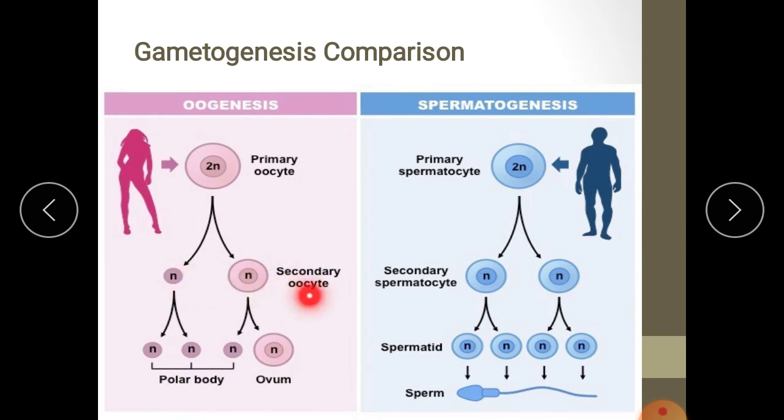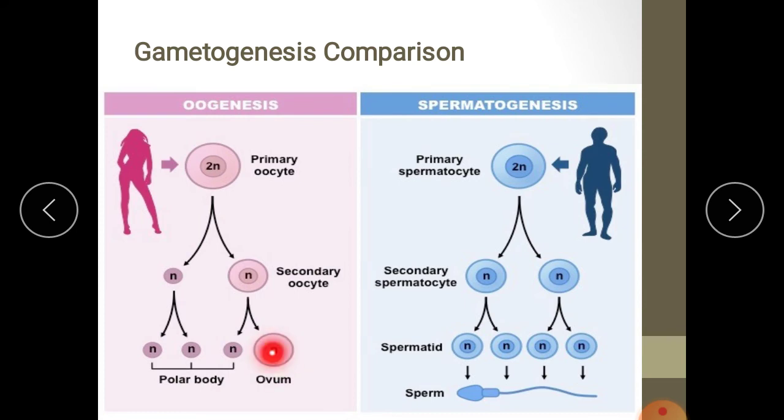The larger one is called the secondary oocyte, the smaller one is called the first polar body, and these two cells undergo second meiotic division to produce 4 cells of unequal size. Out of 4, one is larger and the remaining 3 are polar bodies. They degenerate, and this one remains active. So this is called the ovum.